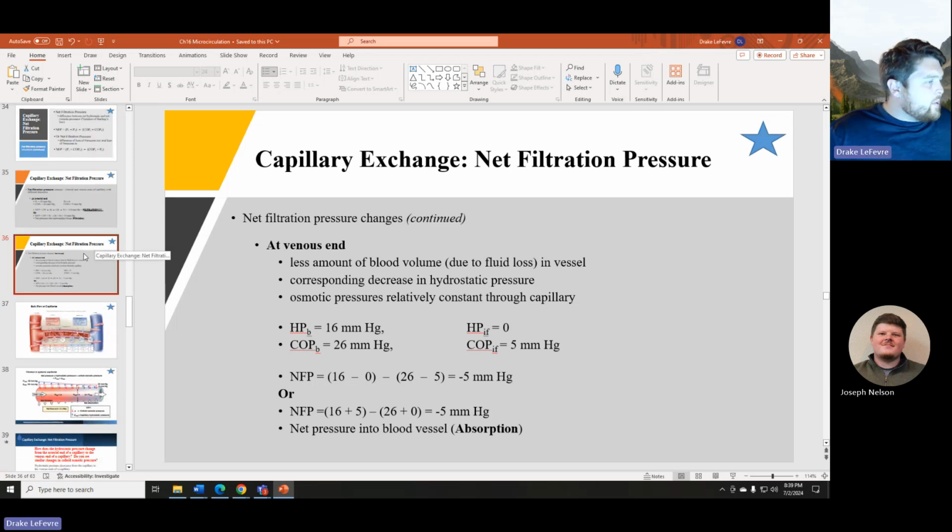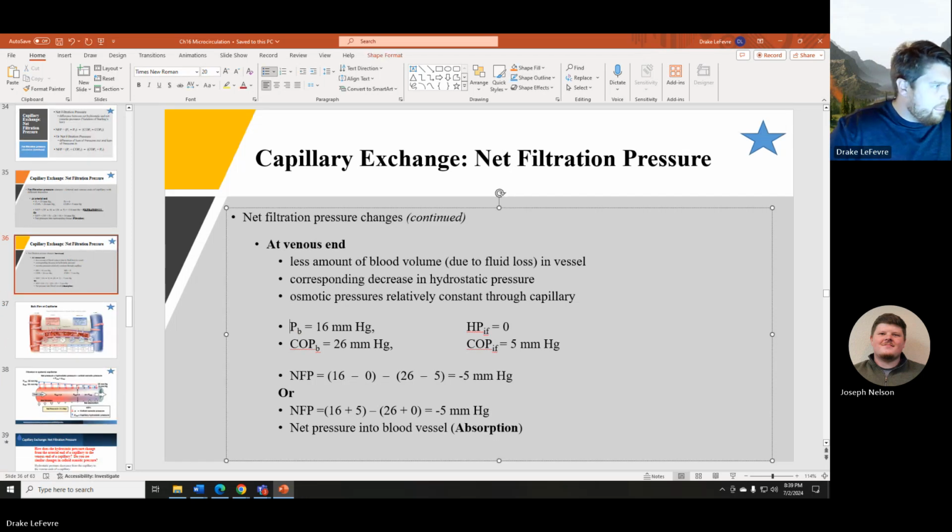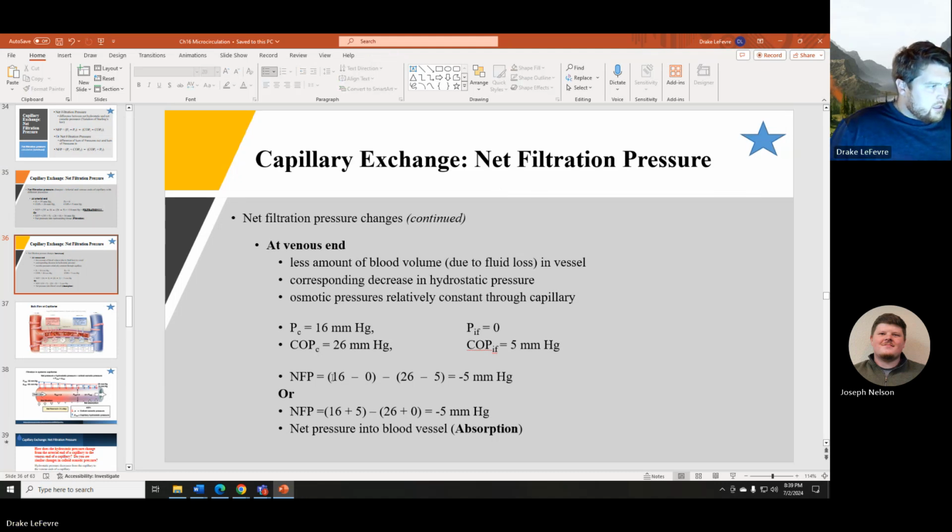We look at the other end. And this is on the venous side of things. So we plug in all of our numbers. The hydrostatic pressure in the capillary has dropped significantly because we're moving towards the venous side, which has lower pressure.